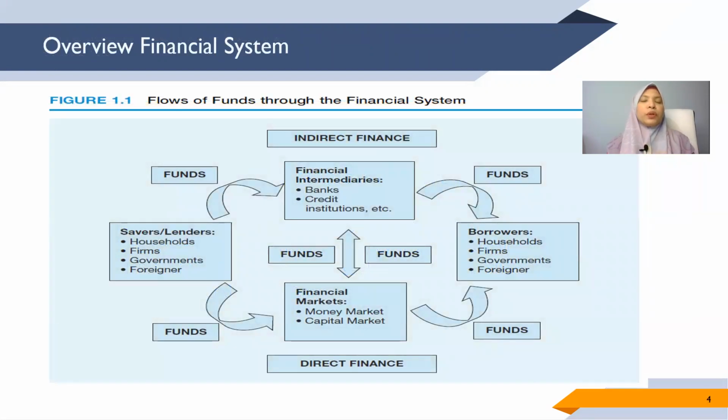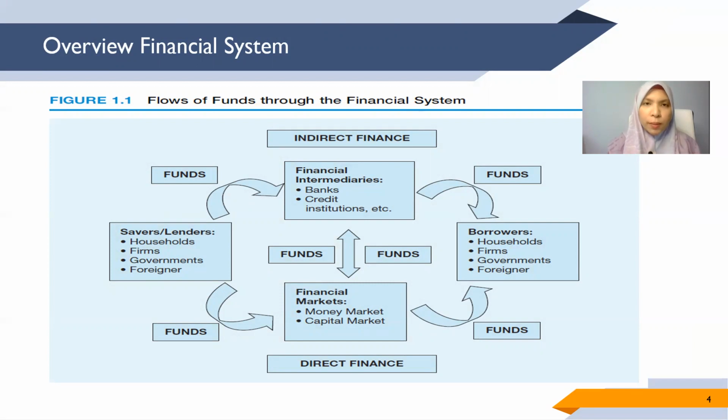This is the overview of the financial system. As you can see here, on your left we have the savers and also the lenders, and on the right side, we have the borrowers. The savers and lenders are the surplus units.